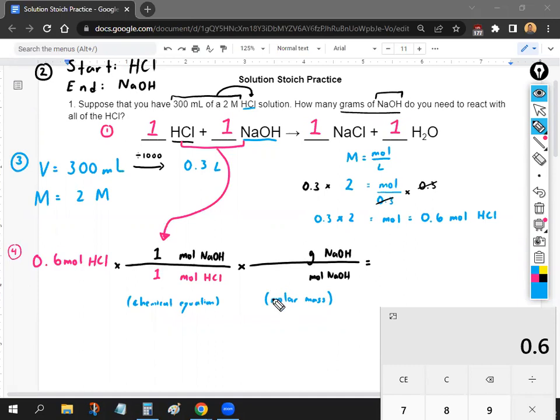All right, so I'll give you guys about 2 minutes. See if you guys can go on the periodic table, find the molar mass of NaOH, and then plug it into this fraction, and you'll be good to go.